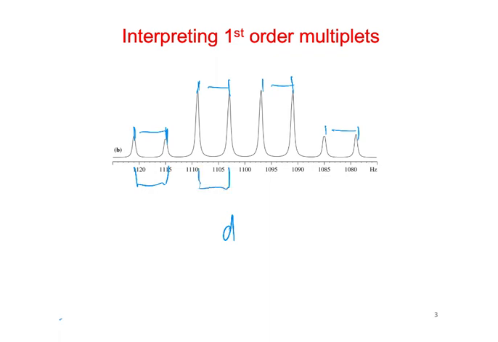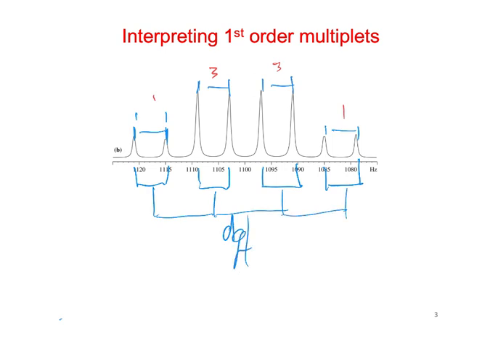We could bring each of these back together, because these are 1 to 1, and then the next ratio is probably 1 to 3, right? So 3, 1, and then it's just going back into a quartet. All right, so we got a doublet of quartets.